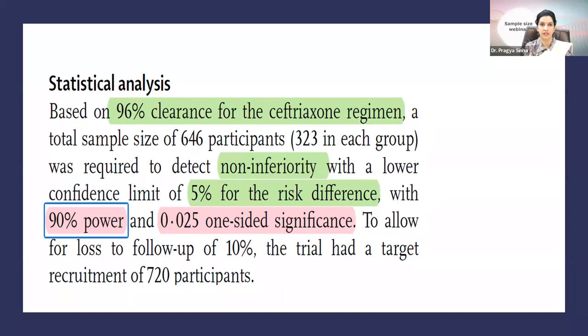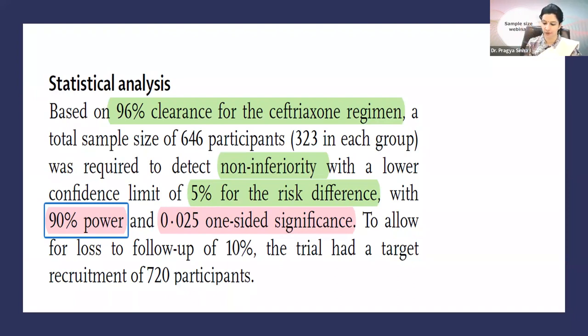They say that based on 96% clearance for the ceftriaxone regimen, a total sample of 646 participants was required to detect non-inferiority with a lower confidence limit of 5% for the risk difference with 90% power, and they have kept the alpha error as 2.5%. And they have also accounted for loss to follow up.